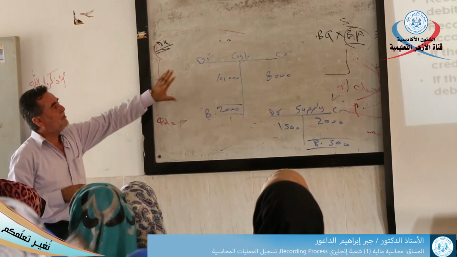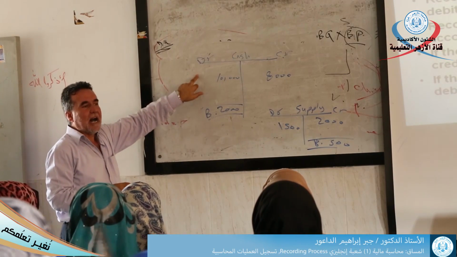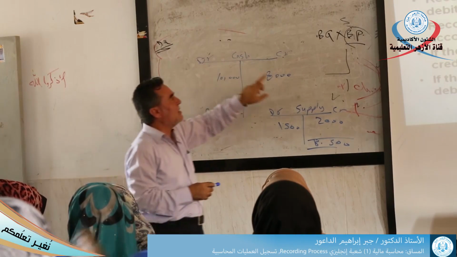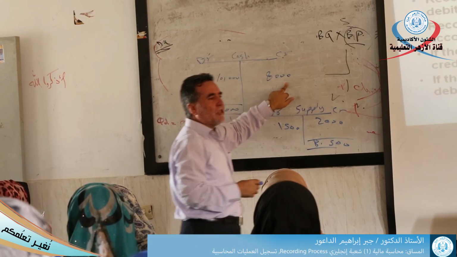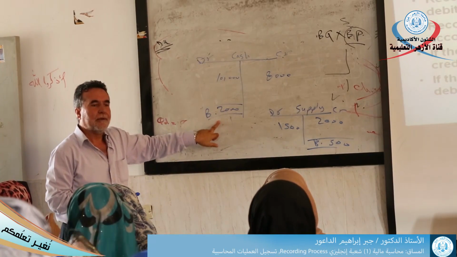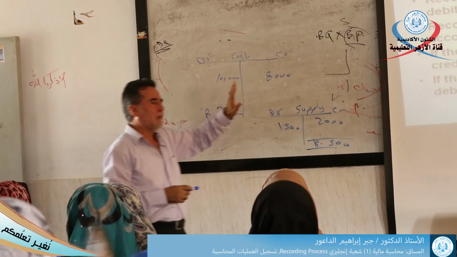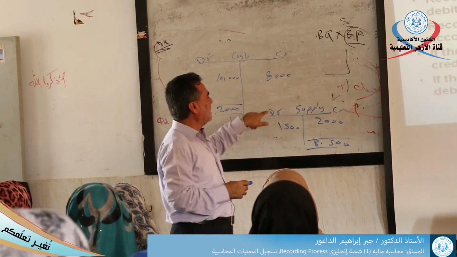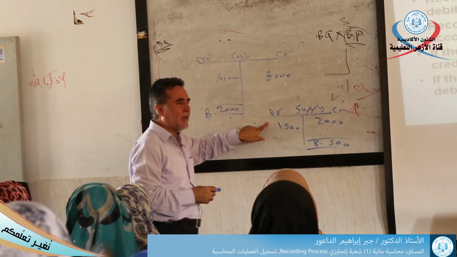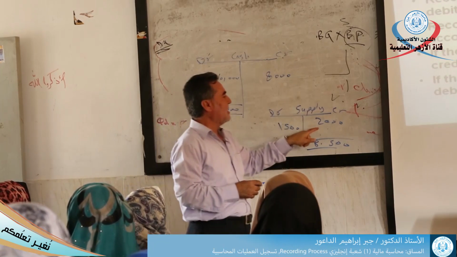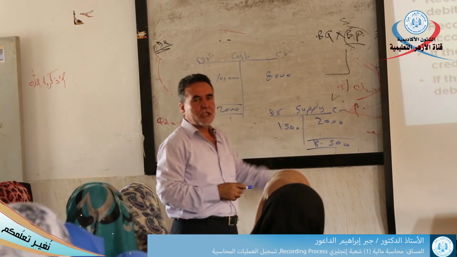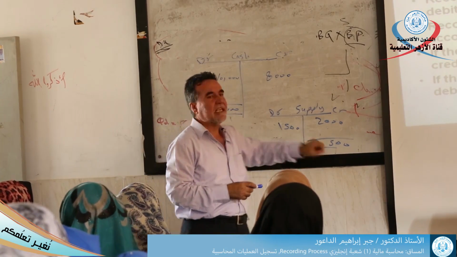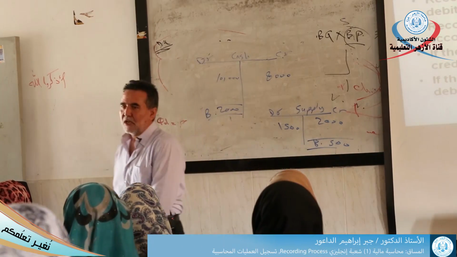So if the amount in DR is more than the amount in CR, the balance will be debit. If the amount in DR is less than the amount in CR, the balance will be CR, credit. Okay?